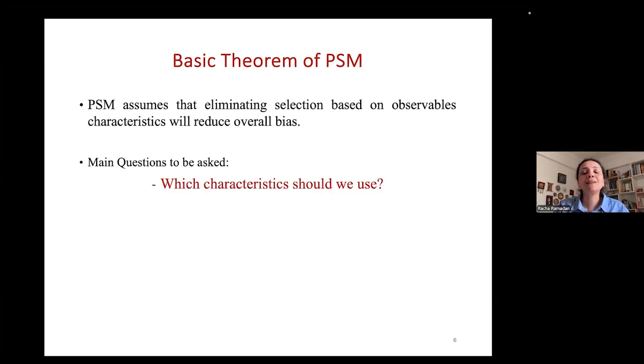The first thing, what characteristics should we use? So let's take again the example of Russia and Z. Should I match between Russia, who benefit from takaful, and Z, who did not benefit from takaful, based on their gender, their age, their geographical location, their marital status? What characteristics should I include in my analysis?